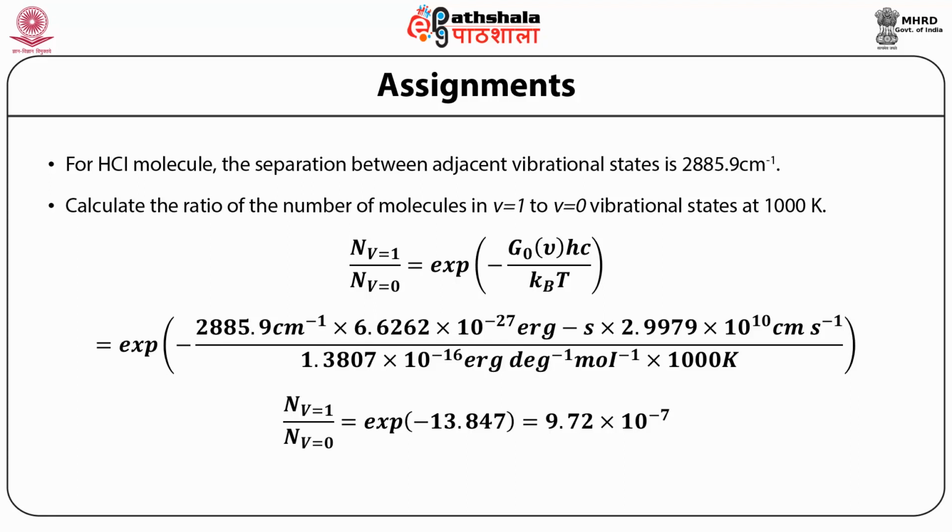Putting all the values, we know the value of G naught, we know the value of h, we know the value of c, and kB is also known to us, and temperature here is given to be 1000 Kelvin. So, calculating it, we get 9.72 into 10 to the power minus 7.